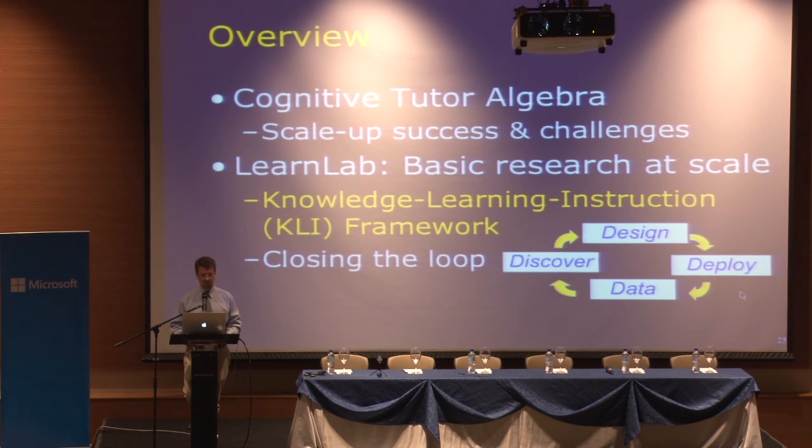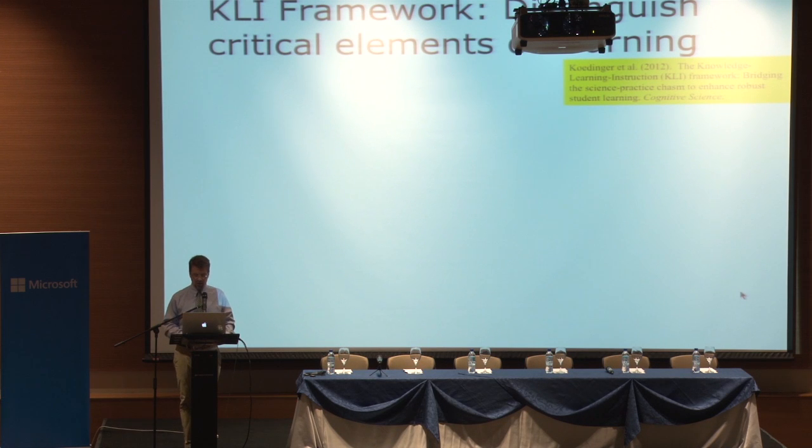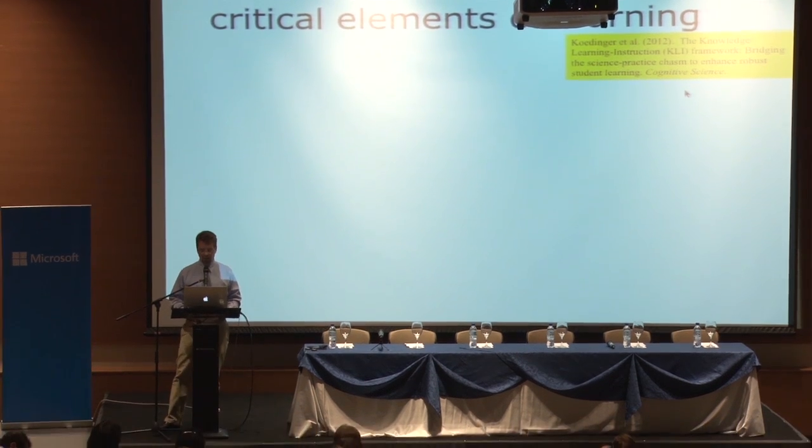A key output of our work has been this knowledge, learning, and instruction framework. A prime publication appeared last year in the Cognitive Science Journal, and I wanted to give a high-level view of some of the key distinctions of critical elements of learning.